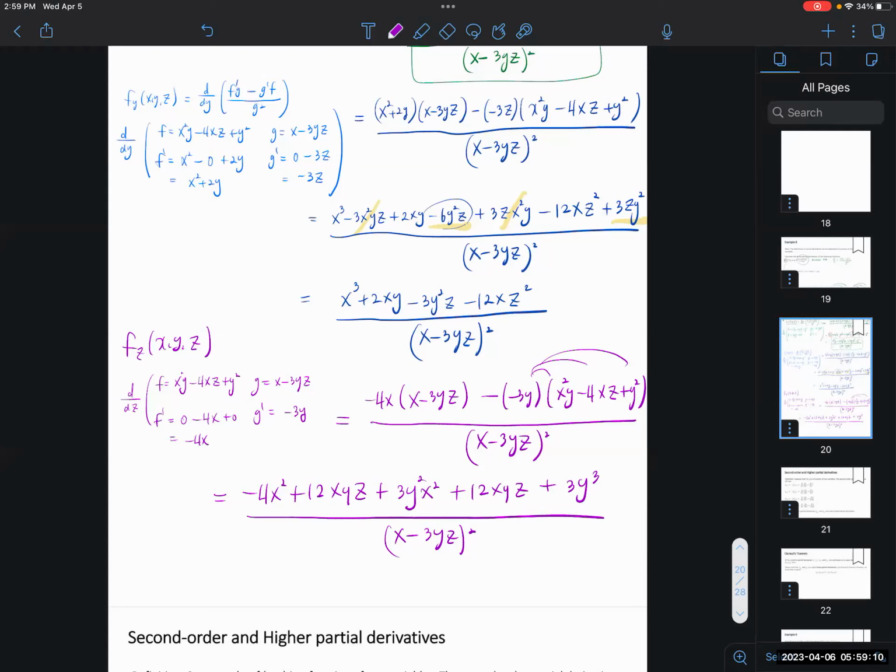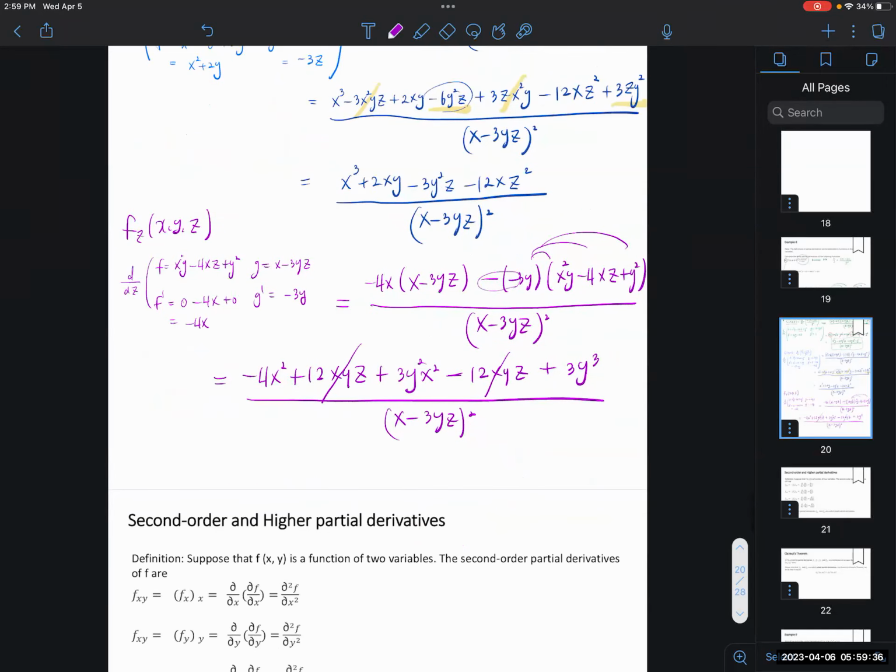So anyway, when I did this work, what did you get? Is there any cancellation? So negative 4x squared. I do see 12xyz. Actually, they're both positive. One should be negative. Oh yeah, this one should be negative. Why? Because a positive times a negative is negative. So my bad. They actually cancel. And I don't see anything else cancel.